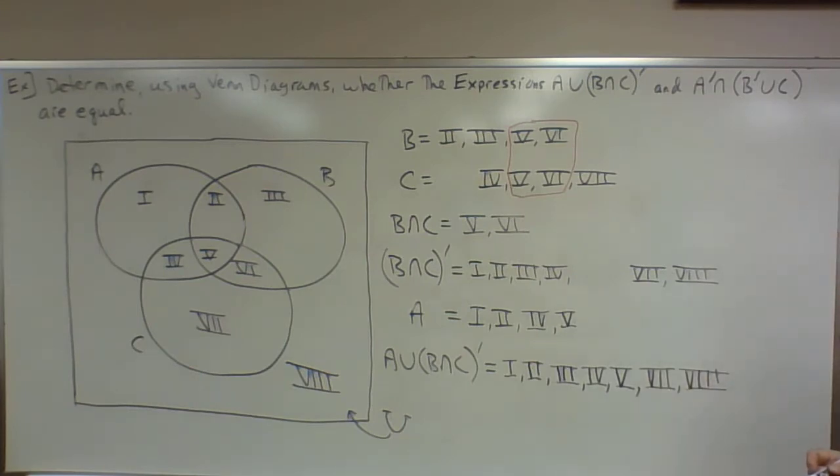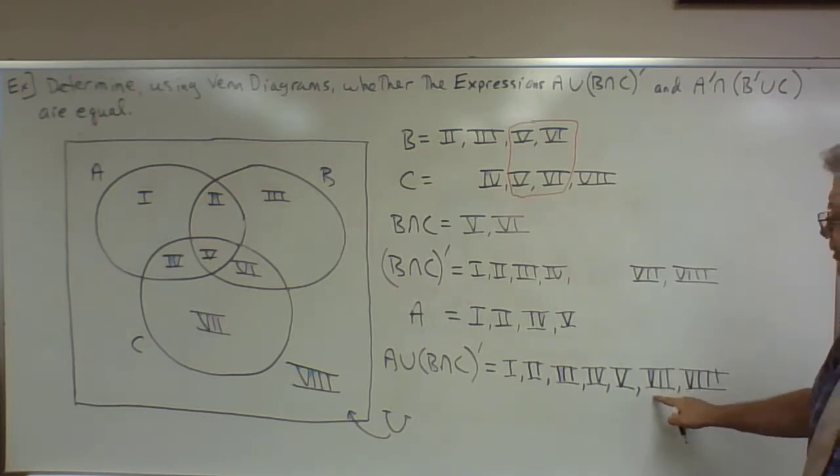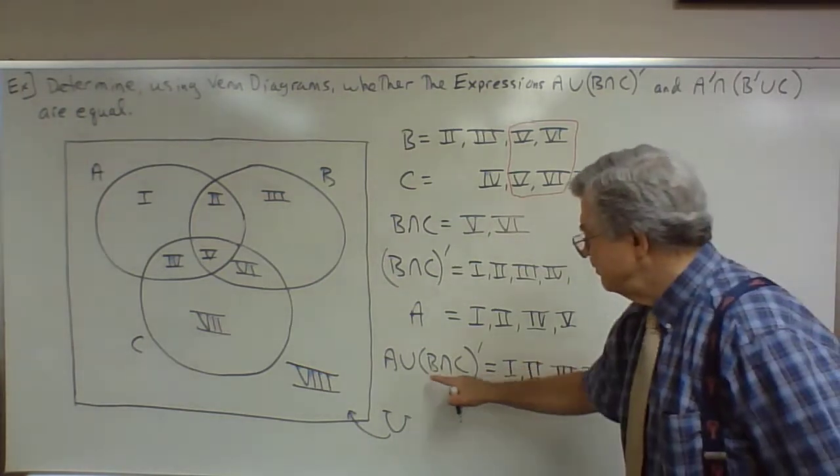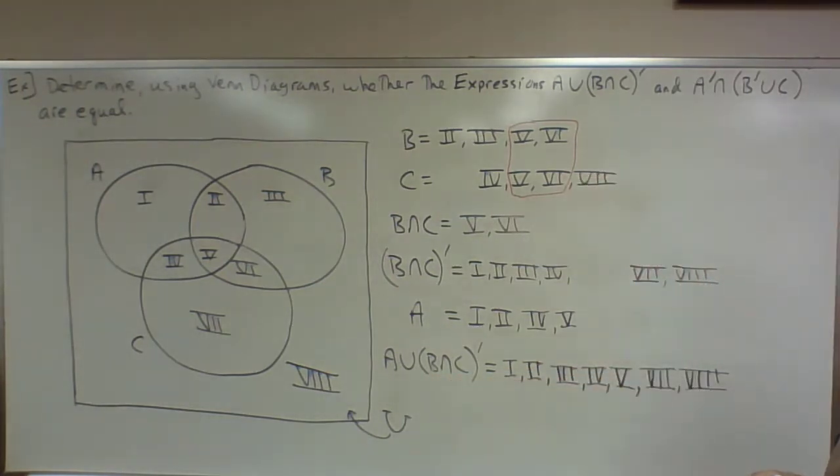So 1, 2, 3, 4, 5, 7, 8. Looks like the only region that's not in this union is region 6.